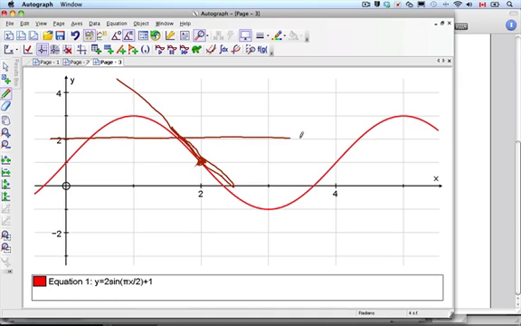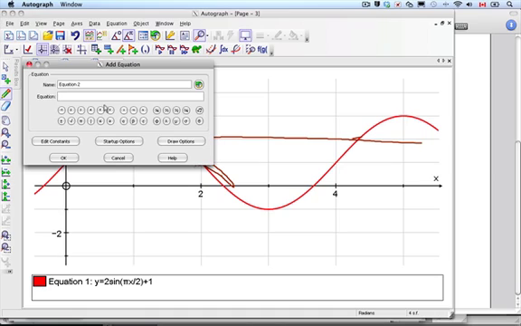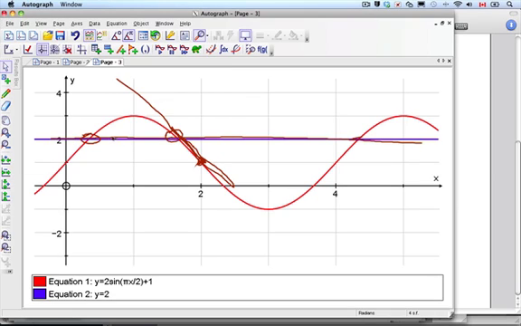I have to find these points. I can do it analytically or graphically. So I put y equal to 2 there, put that equation on, and select them both.